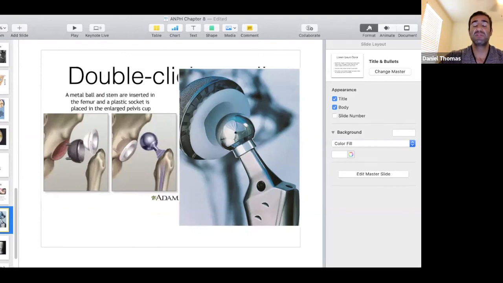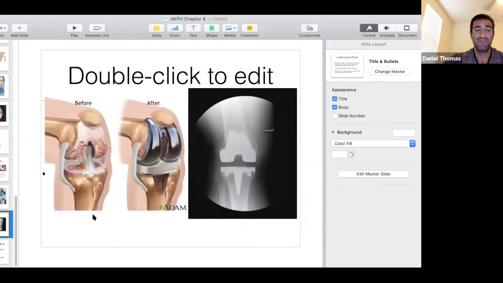Similar to other medical products, some of them have been recalled, meaning that the procedure had to be redone, which I cannot imagine. Here's an example of osteoarthritis before and after, and you can see here that using an X-ray, you can actually see the end result of the joint replacement.